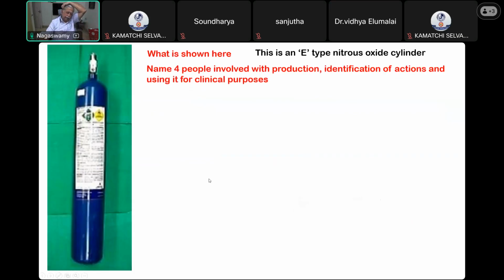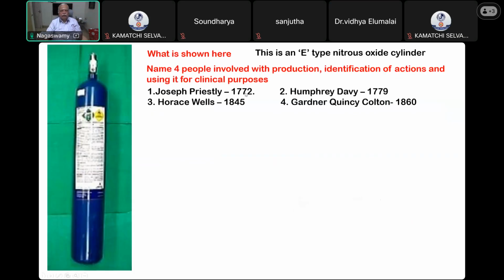Some amount of history. Who identified it? Joseph Priestley in 1772. He was the person who first identified this. Humphry Davy developed on that. Horace Wells is the person who used it and failed to demonstrate that it has some effect.